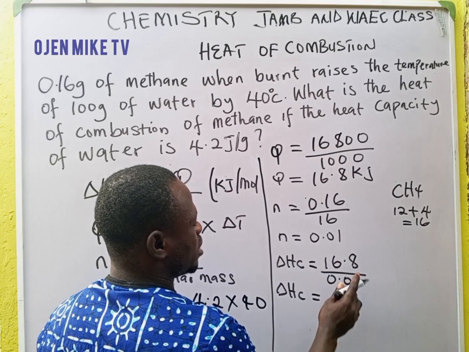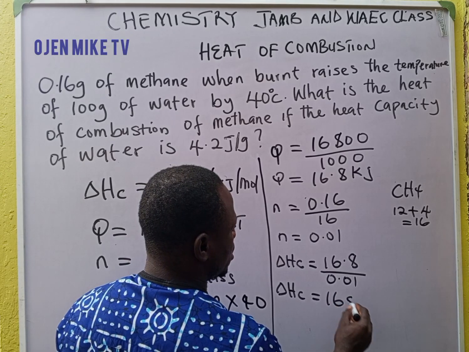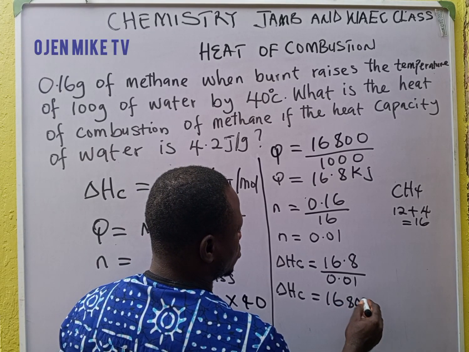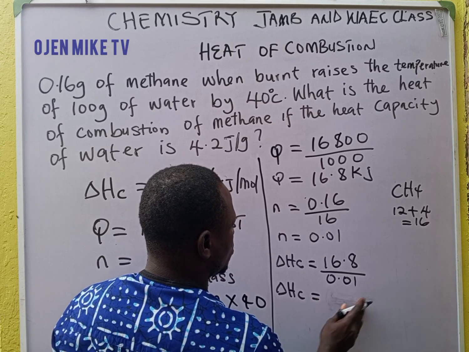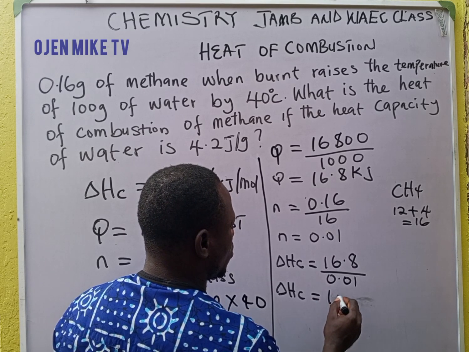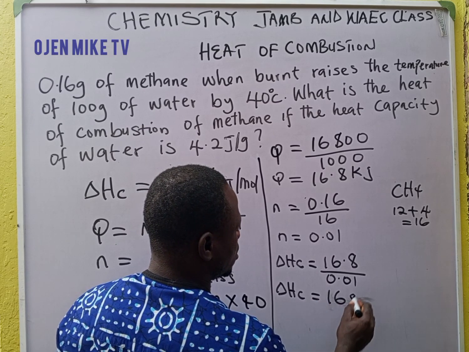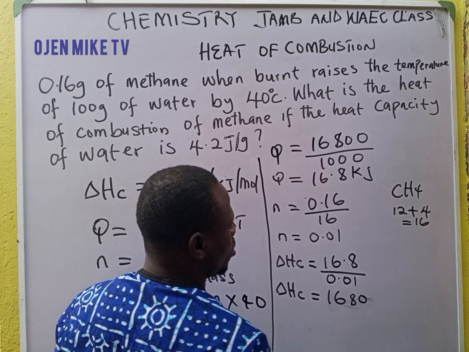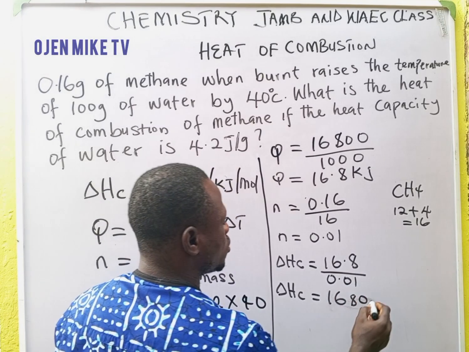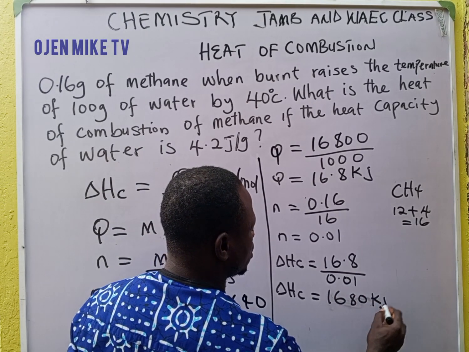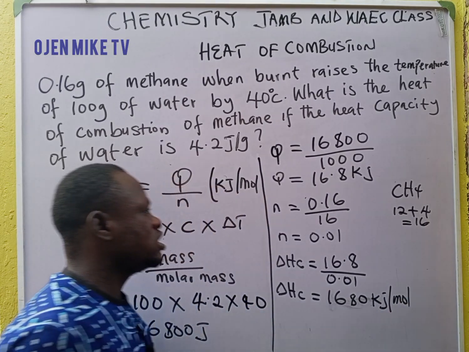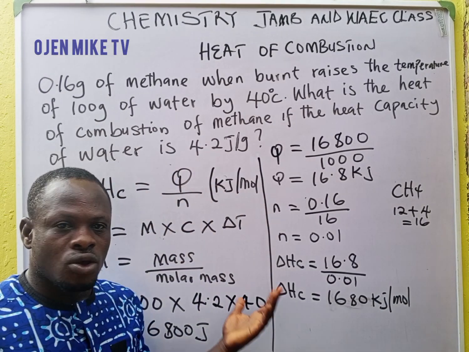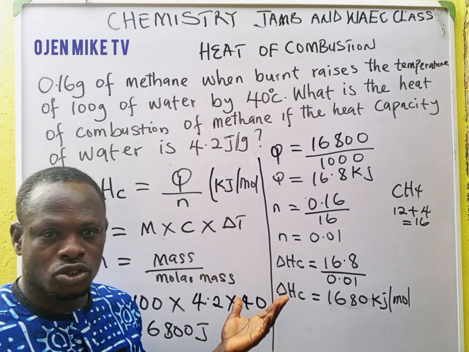If you divide this one by this one, it gives you 1,600 kJ per mole. This is how to calculate your heat of combustion.